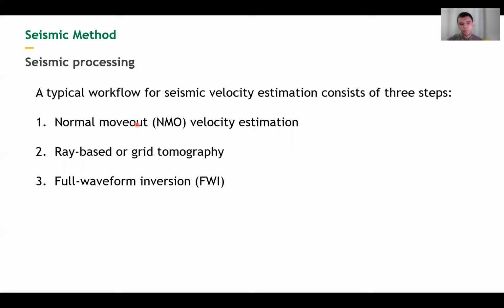So you input this low frequency velocity into the second step, the ray-based or grid tomography, and it will deliver an interval velocity model with a little bit more frequency, but still low frequency, typically up to 2 or 3 hertz.